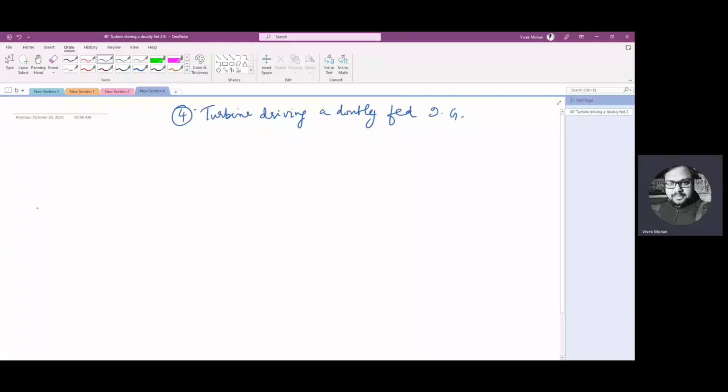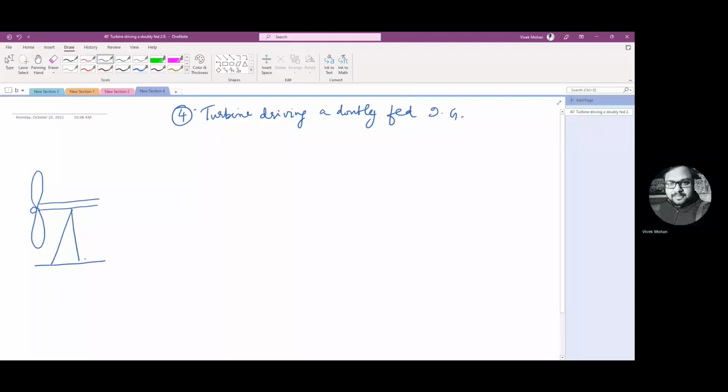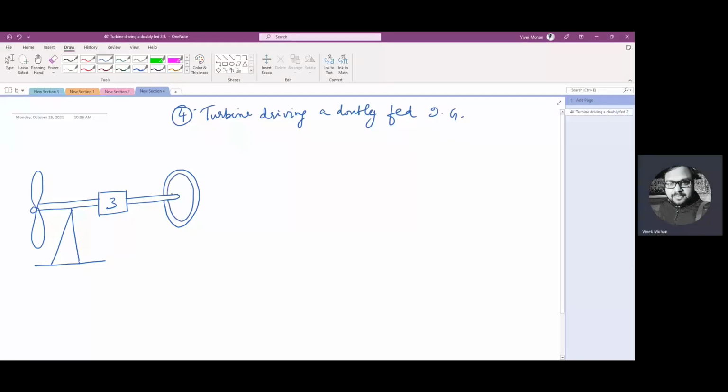Again I will draw the figure. This is my blade, then here again the same thing. Then this is connected to the gearbox. This is my machine, the generating machine.